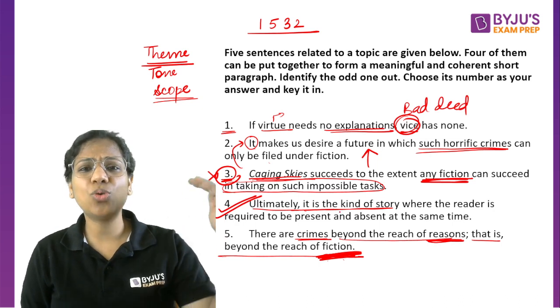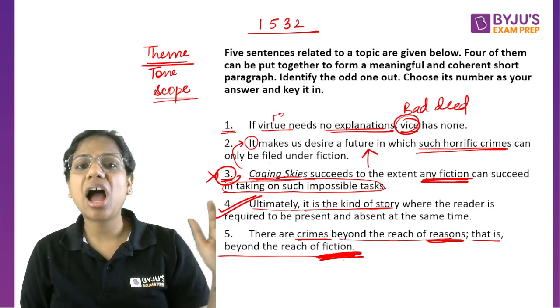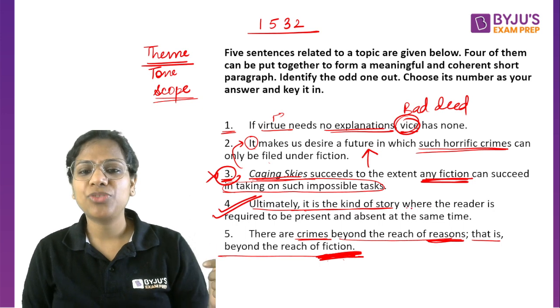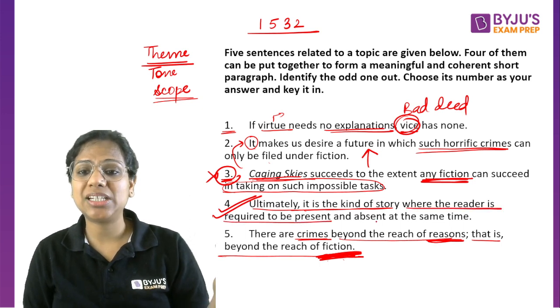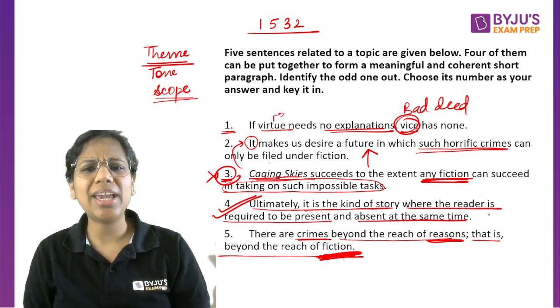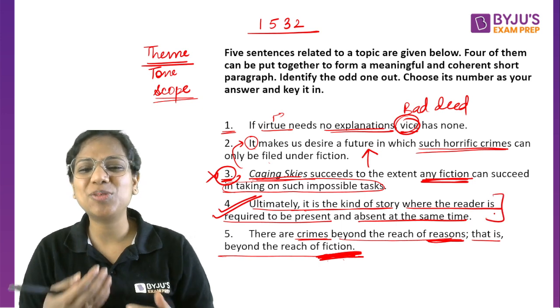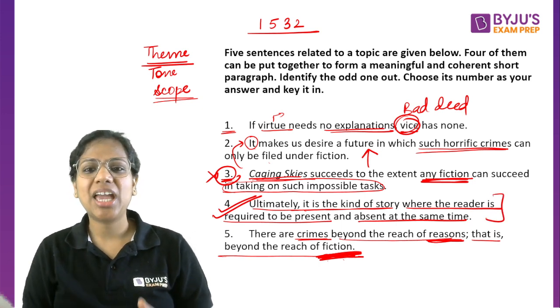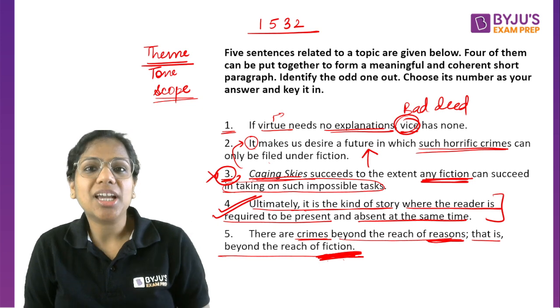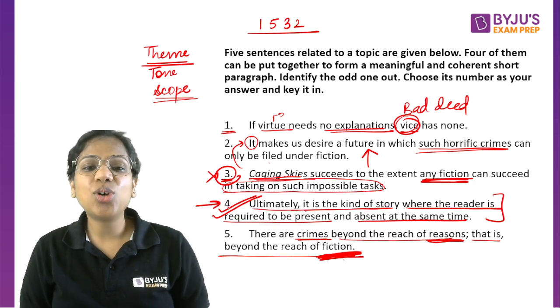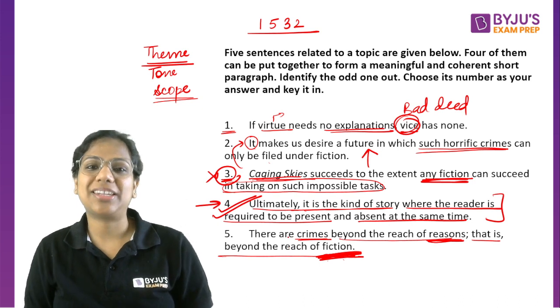But 4 goes on another tangent altogether, saying ultimately it is the kind of story where the reader is required to be present and absent at the same time. Why is the reader required to be present and absent at the same time? And how do I relate that to crime? I can't. So 4 is the odd sentence out, doesn't match with the discussion of crimes in our paragraph.